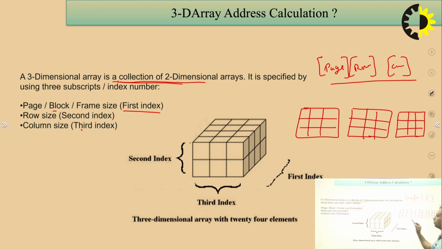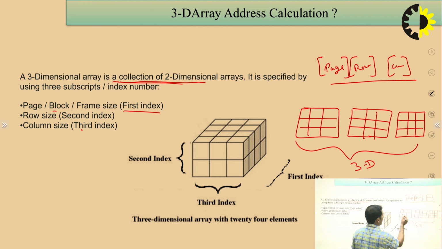So this is a collection of two-dimension arrays. This is a 3D array. Now we see that there are many 2D arrays in the 3D array.